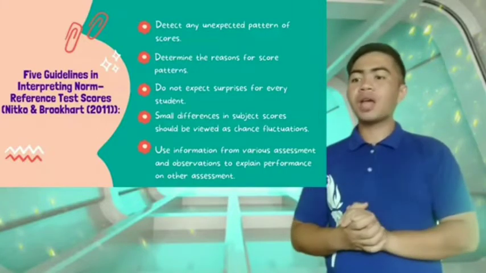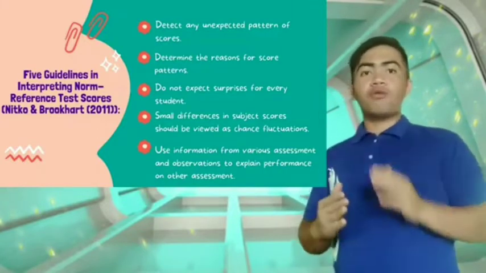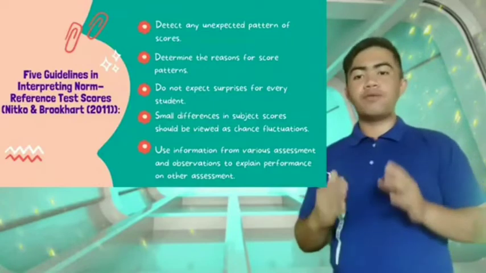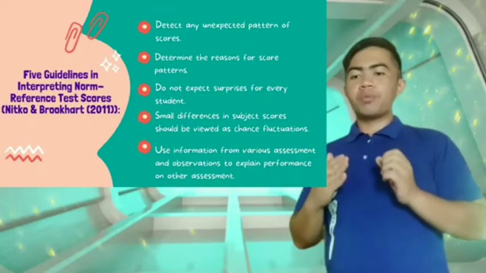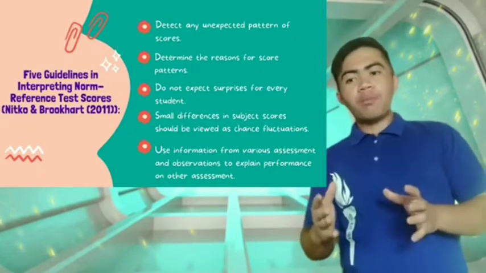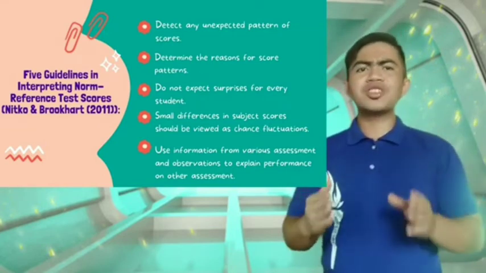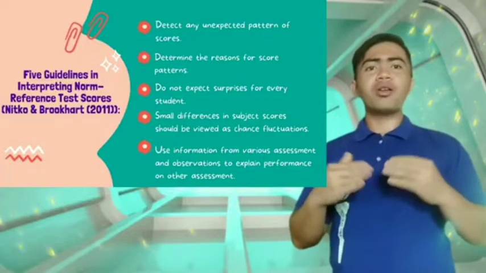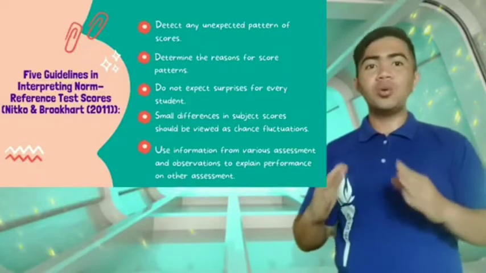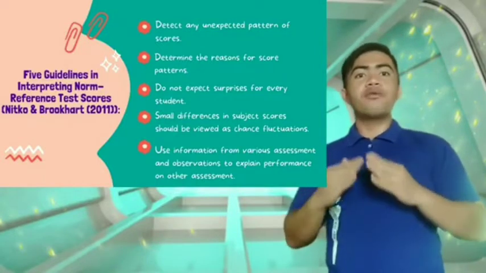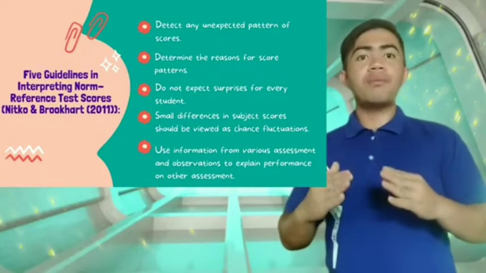And the last one, use information from various observations to explain performance on the assessment. For example, it is not shocking for us teachers who already know that a student is not good or is poor in writing Filipino and English to have a low score in essay writing, of course.